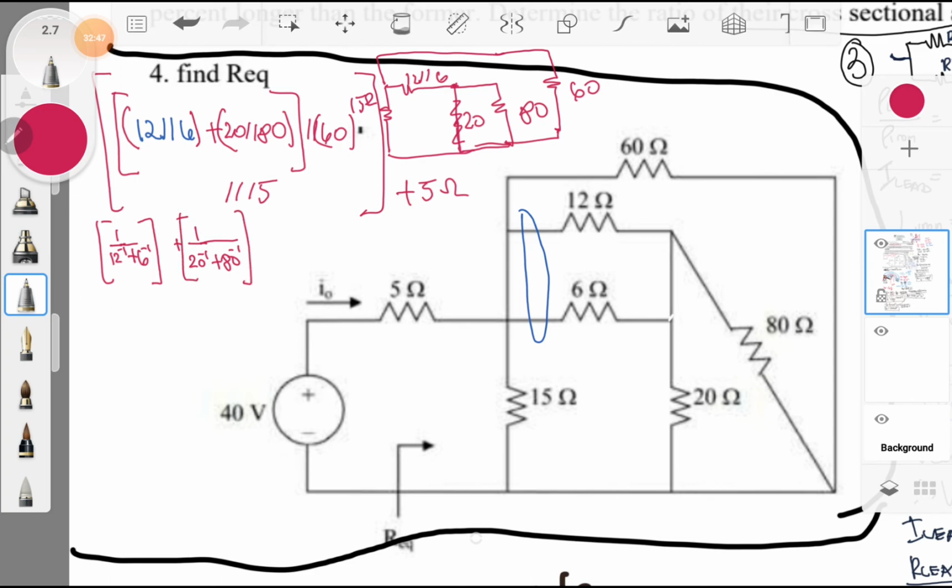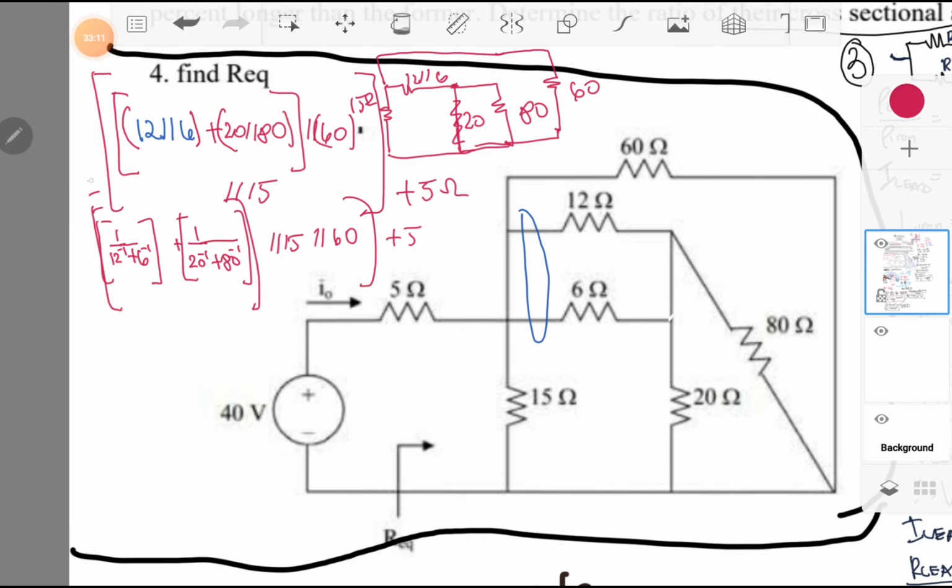Okay. And then after doing that, you should know that this will be in parallel with our 15 and also in parallel with our 60. Parallel with our 15 and parallel with our 60. So, plus 5.